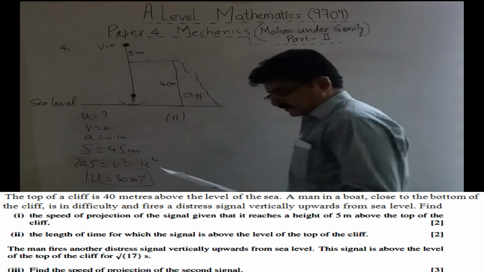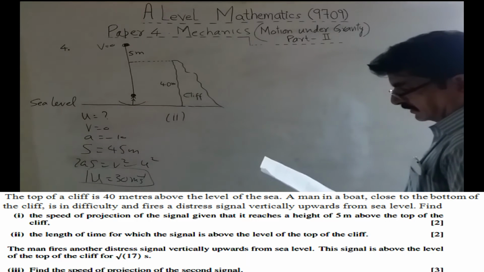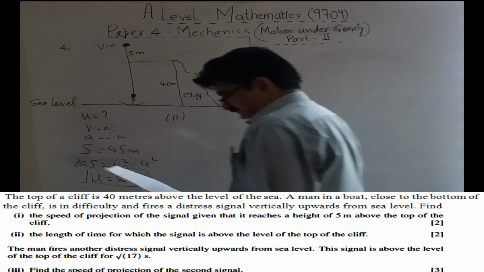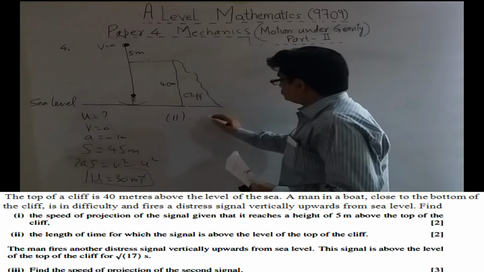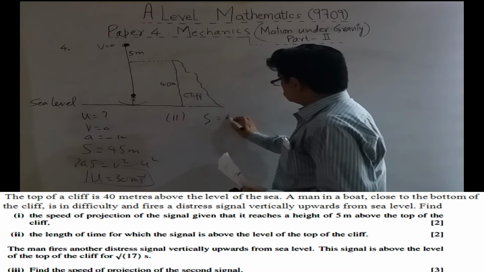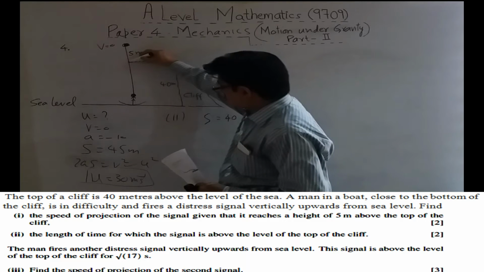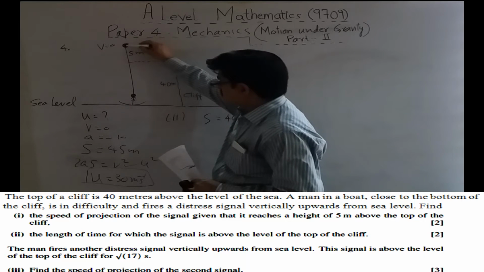In the second part, you are asked to find the length of time for which the signal is above the level of the top of the cliff. Now, it means that we need the time when the signal reaches over here and then it goes up to this point.